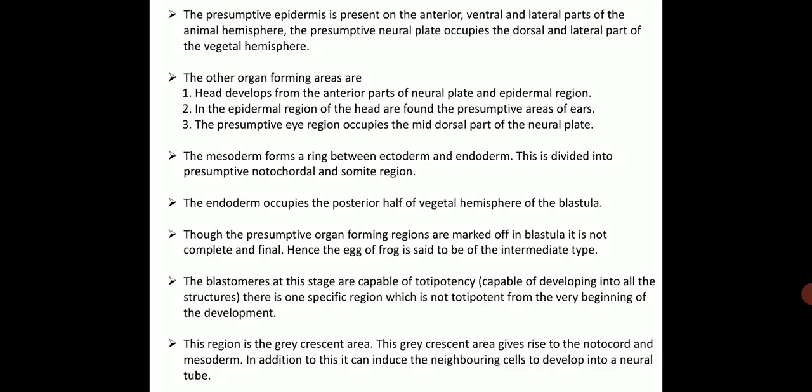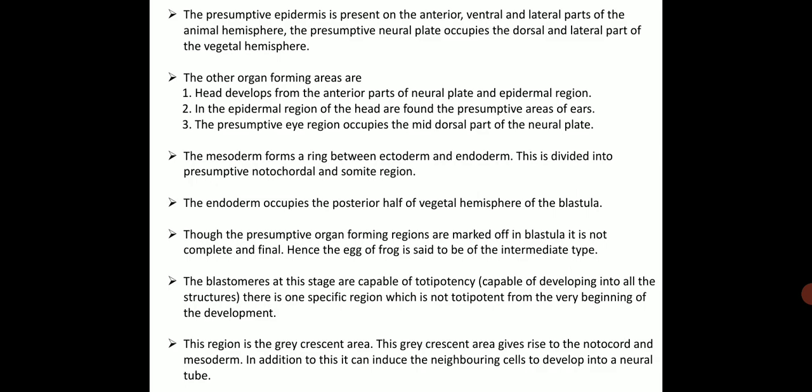The blastomeres at this stage are capable of totipotency. Totipotency means they have the capacity of developing into all other structures. There is no specific region which is not totipotent from the beginning of development, except one region, the gray crescent area.